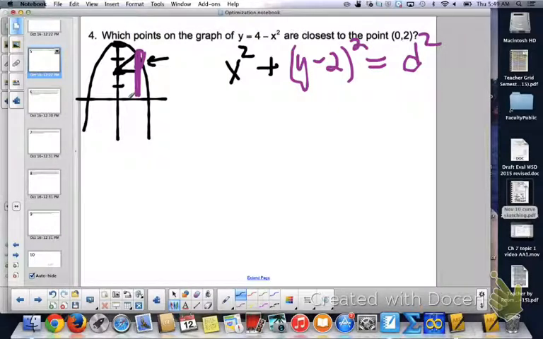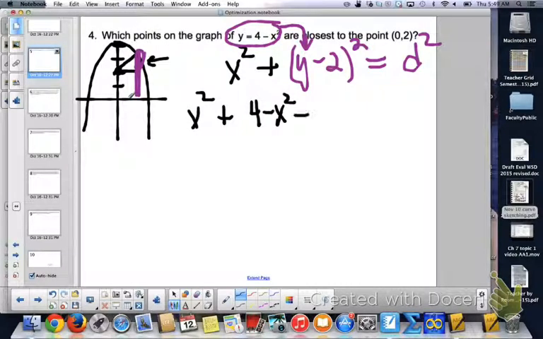Now, you have y equals 4 minus x squared. That's your secondary equation. So you're going to plug that into your primary equation. So you have, let me go back to black, x squared plus y, which is 4 minus x squared minus 2, all of that squared equals d squared.